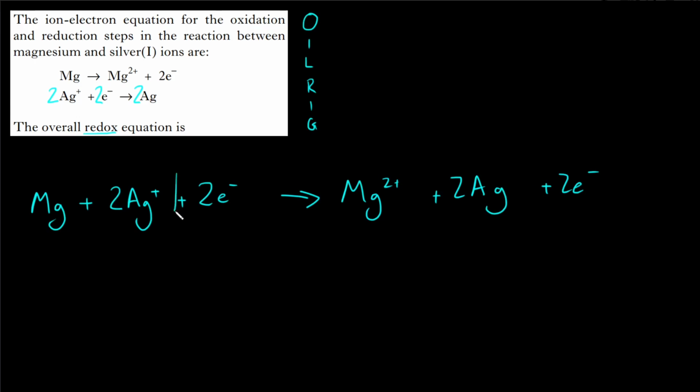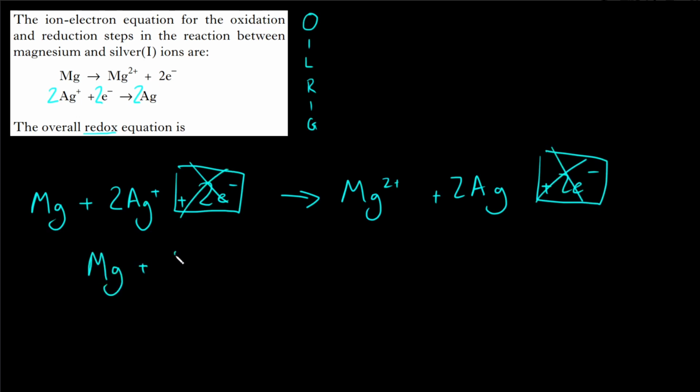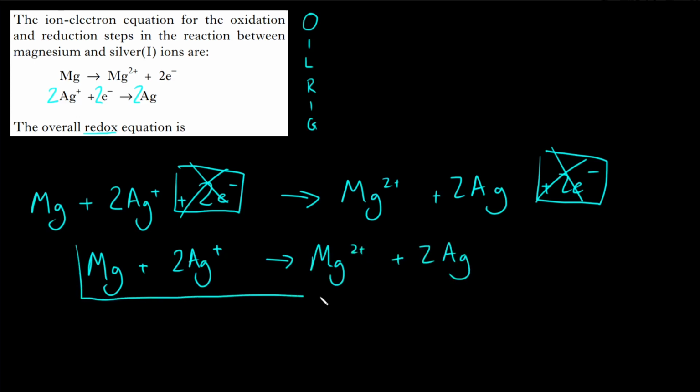I've got these 2 electrons present on both sides of the equation. They can be cancelled out. And the final redox is Mg plus 2 Ag+, giving me Mg2+ plus 2 Ag. There's my final redox equation that does not contain and must not contain the electrons.